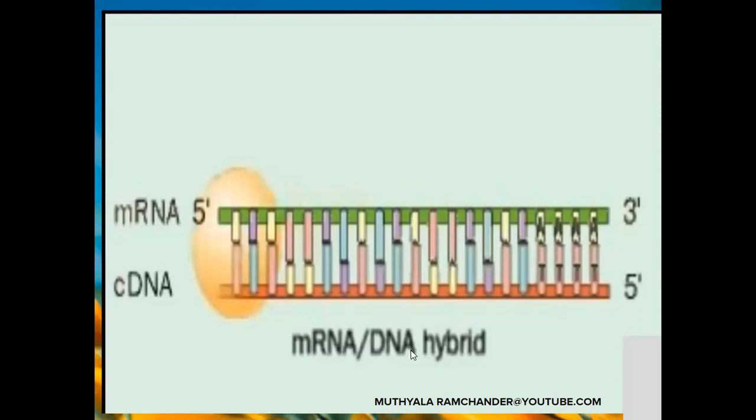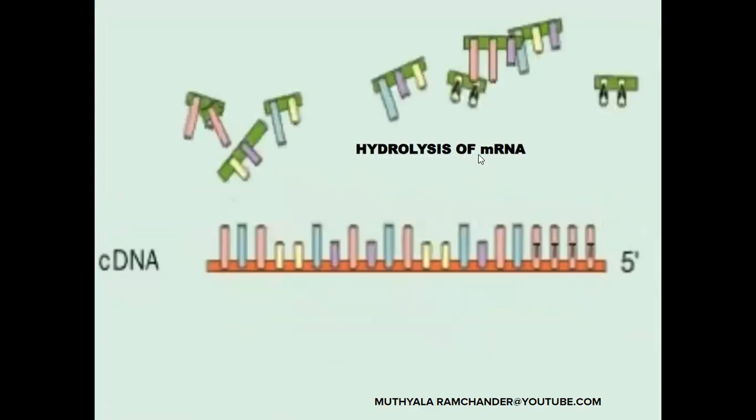After the synthesis of cDNA with the help of reverse transcriptase enzyme, we use the hydrolysis process on the mRNA. Hydrolysis mainly helps in fragmenting the mRNA from the hybrid mRNA-cDNA, meaning elimination of mRNA strands from the cDNA.